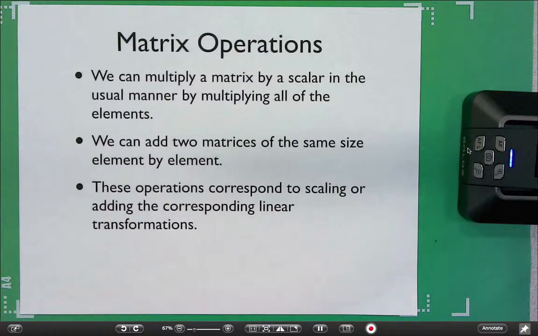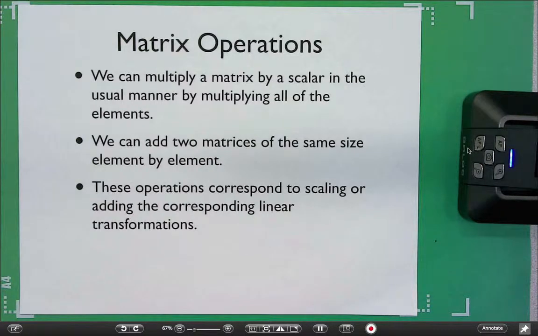The cool thing about matrices is that now I have a well-defined multiplication. This gives me a more powerful algebraic structure, because I can not just add things together and multiply by a scalar, but I can also multiply two matrices together. That's something I could not do with vectors.